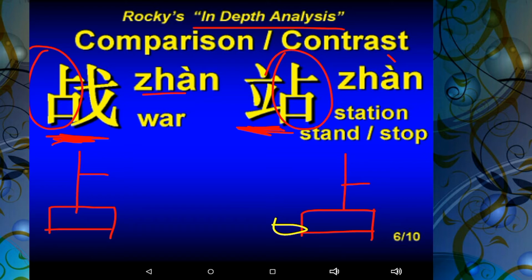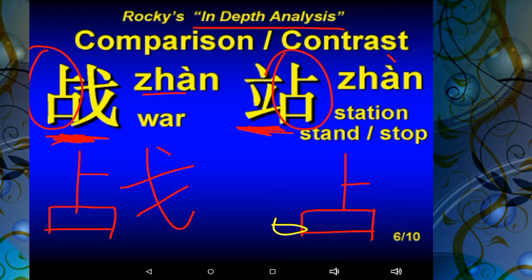Now, in this 2nd character, we need to draw the 2nd part of the radical. Now, notice the stroke order: 1, 2, 3, 4. Okay.